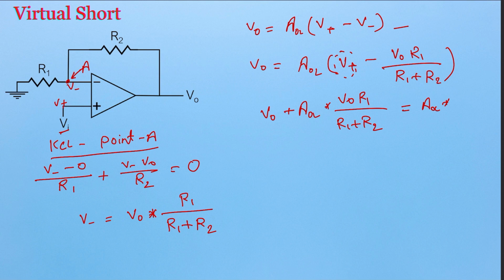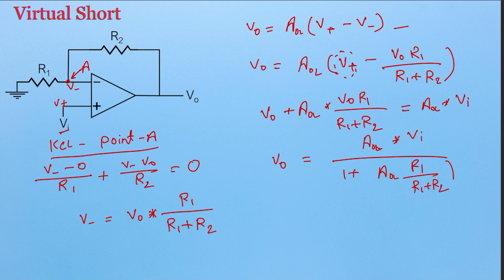So just take V0 common, and we can write V0 equal to AOL into Vi divided by 1 plus AOL R1 by R1 plus R2.